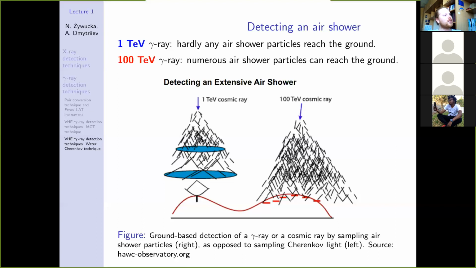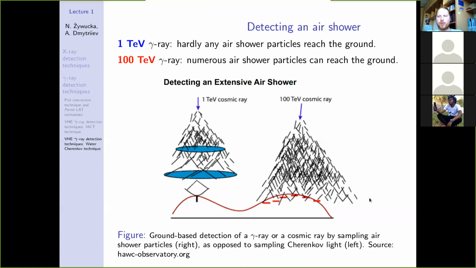So yeah, this is for the Cherenkov light, the detection of Cherenkov light. And for a 100 TeV cosmic ray, the more the energy of the primary particle, the more Cherenkov emission will be created. And okay, the cascade, you see, the higher the energy, the deeper the cascade will go into the Earth's atmosphere.